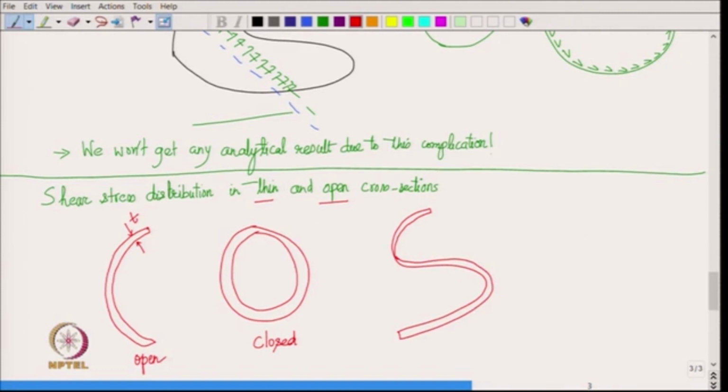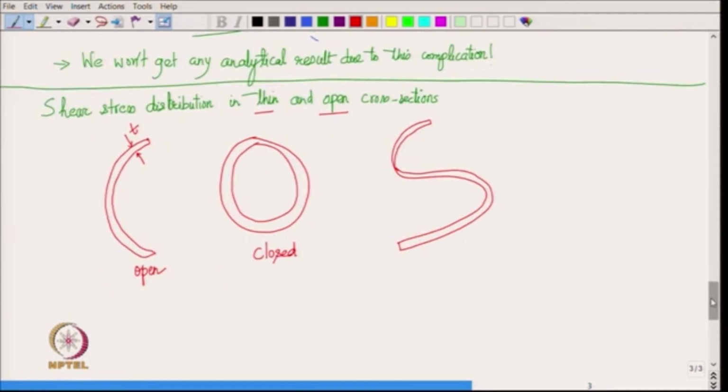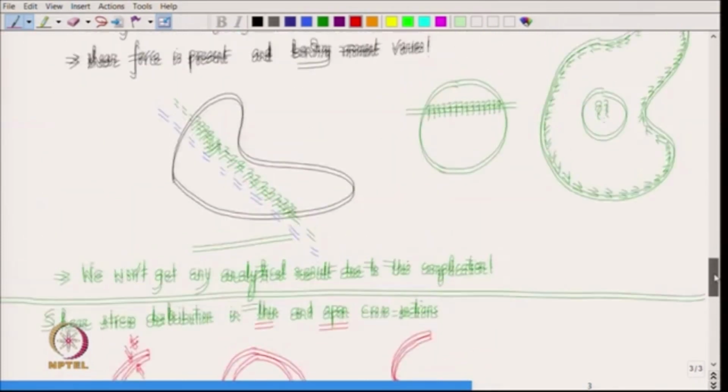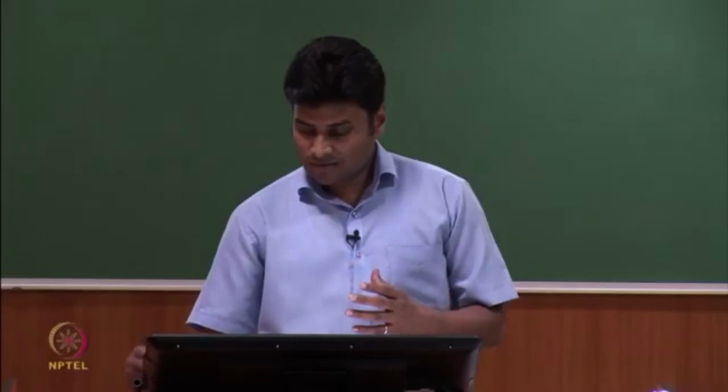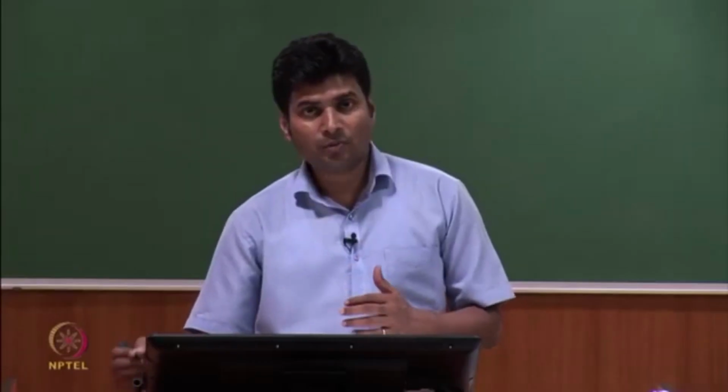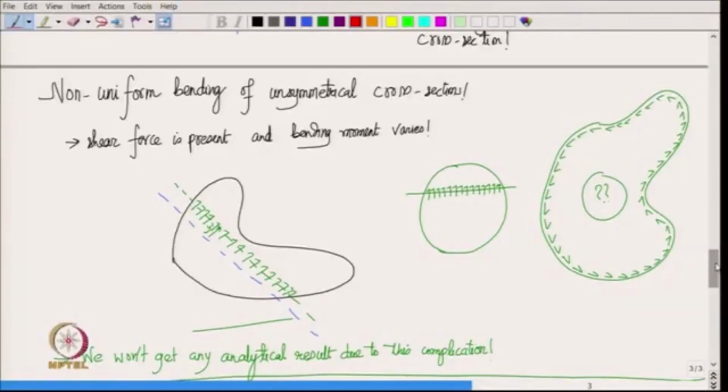And what is interesting about thin cross sections? You see, if it is thin, as we just made a remark here, the shear stress has to be along the periphery of the cross section at points which are close to the periphery, is it not?